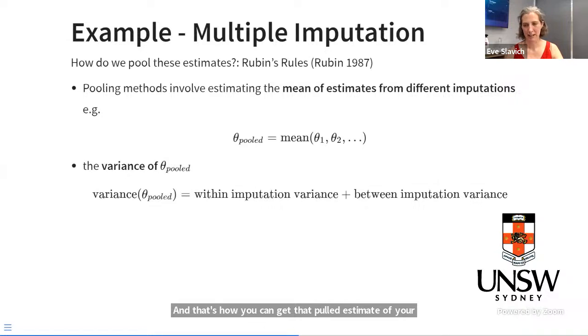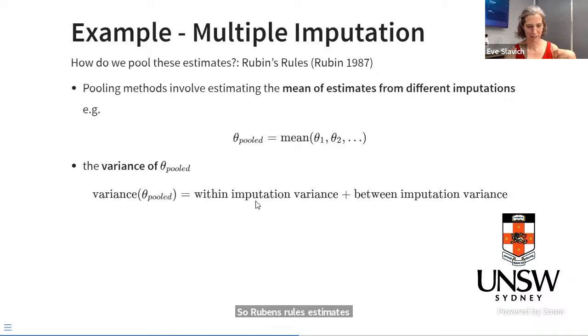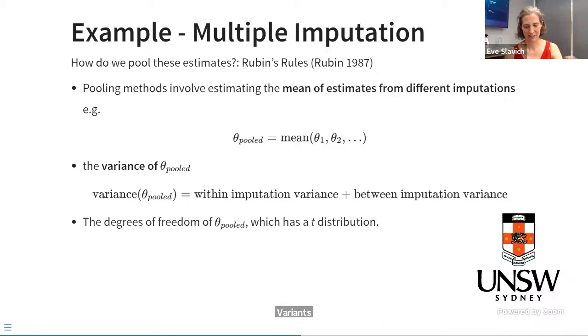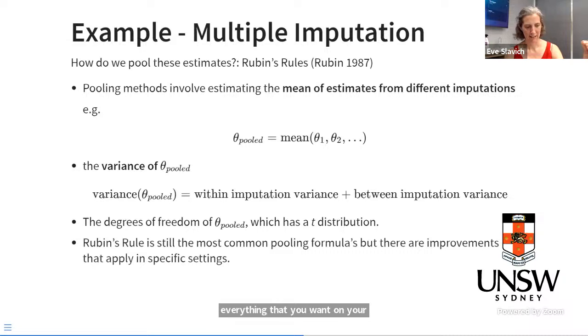But you also want to get the variance of this pooled effect. So Rubin's rules estimates the variance of theta pooled. It's the within imputation variance plus the between imputation variance. And you need to estimate the degrees of freedom of this, and then it has a t-distribution, and then you can do confidence intervals, hypothesis tests, and everything that you want on your treatment effect.